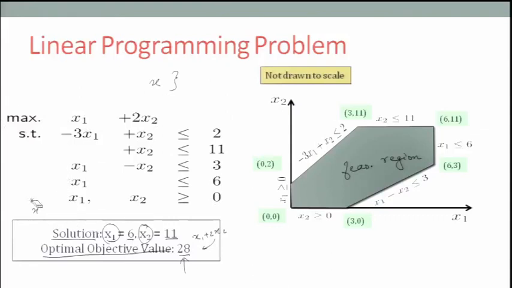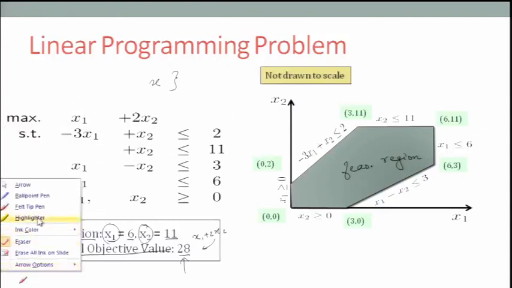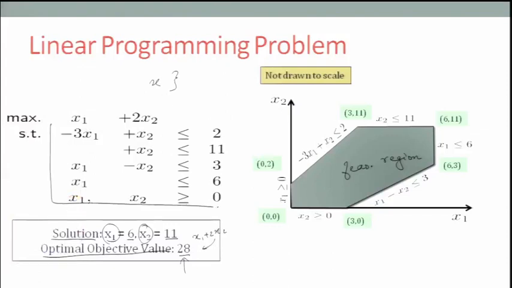All right, these are the constraints right here. Let's look at all the values of x1 and x2 that satisfy these constraints without worrying about the objective function.